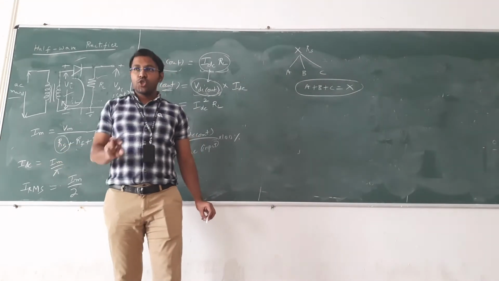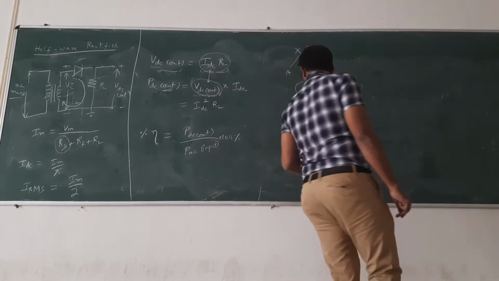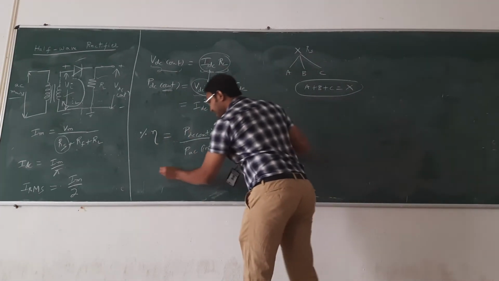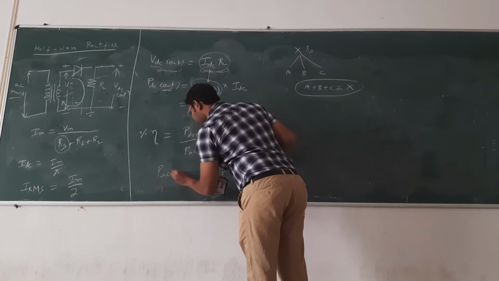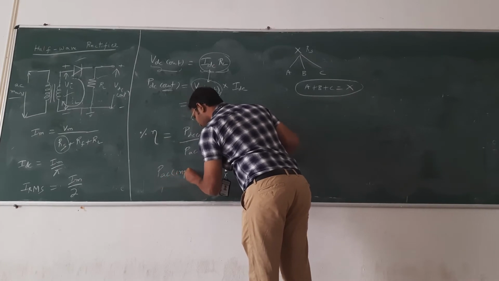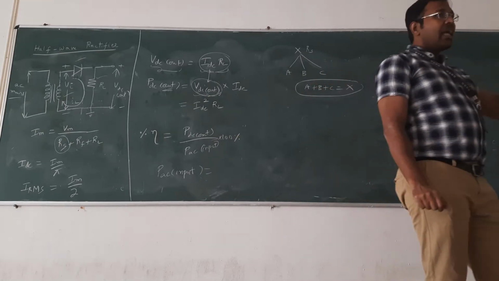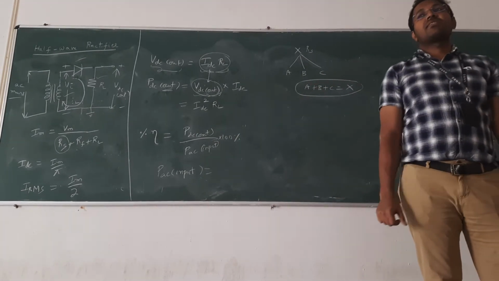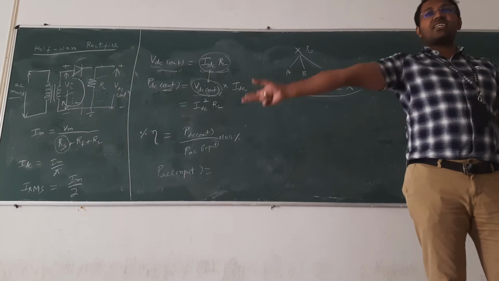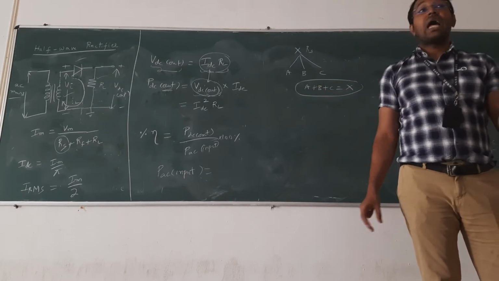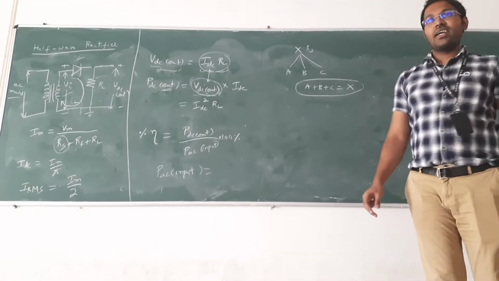Clear? So now tell me, what will be the AC input? DC is called average, AC is also called RMS.